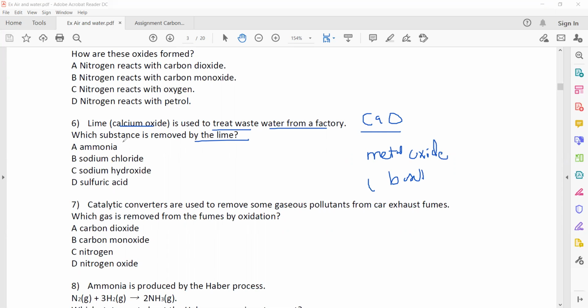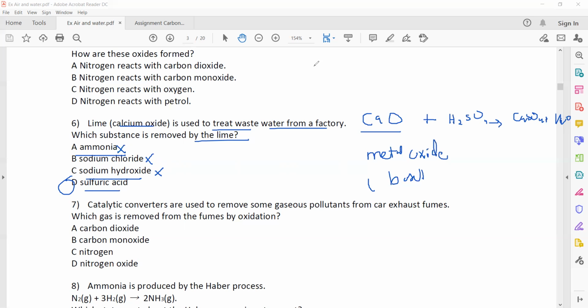Ammonia is alkaline or basic, so it does not react with base. There's no reaction of base with base. Sodium chloride is a salt, that's why no reaction. Sodium hydroxide is an alkali, no reaction. Sulfuric acid is an acid. Calcium oxide can react with sulfuric acid, resulting in the formation of calcium sulfate plus water, H2O.